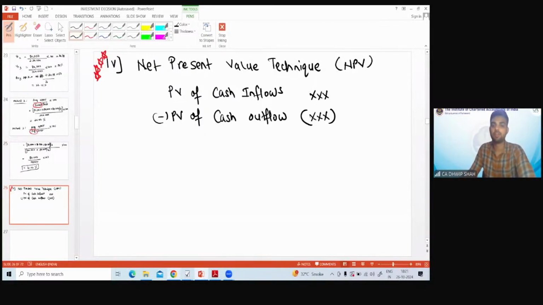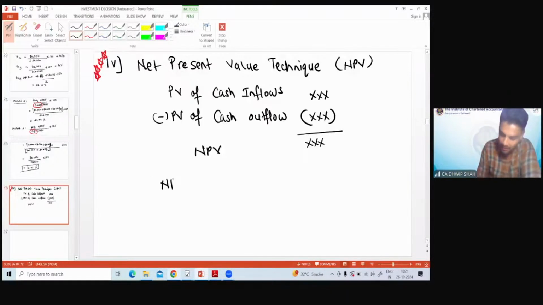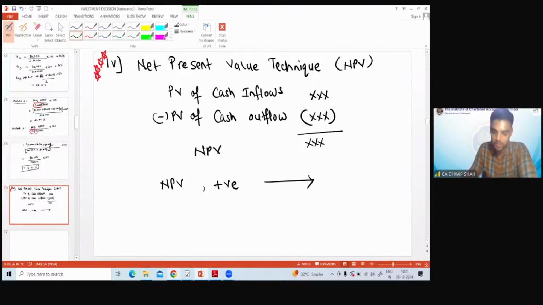Likewise, you calculate the present value for all the cash outflows, and the resultant amount is called NPV. And if NPV is positive, bolo, should we accept the project or reject? What is your opinion? What shall we do as a financial manager? Should we accept the project or reject?